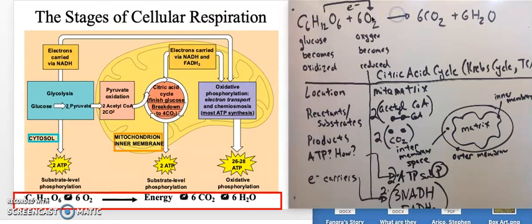Right, so as I said before, going through the first 3 steps of glycolysis, pyruvate oxidation, and the citric acid cycle, what we've accomplished is breaking down glucose and releasing carbon dioxide. But at this point, most of our energy is locked up in our reduced electron carriers, NADH and FADH2.